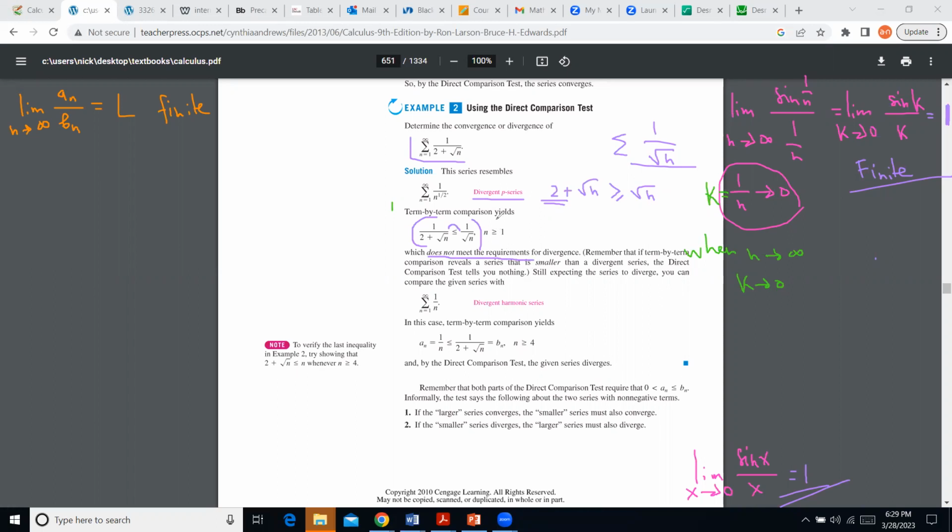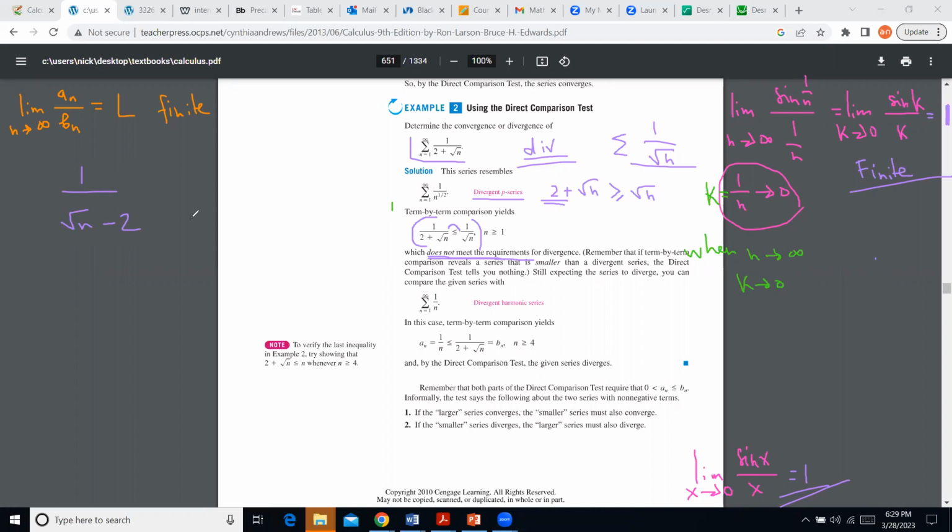Unbelievable. I'm sorry. I didn't read this example before I started, and then I noticed that I cannot use this test. Well, we just did the exercise like that, right? We already know that they both are divergent, but it turns out I think it's good that I actually got into this pitfall, because the thing is, if you have a series with terms that are greater than mine. So for example, if they put the series not like that, but say the series will be square root n minus 2.